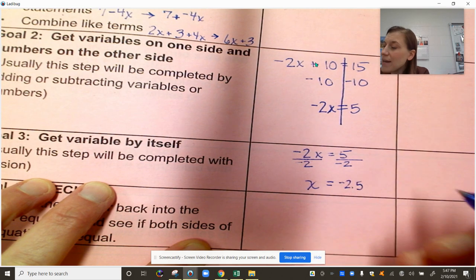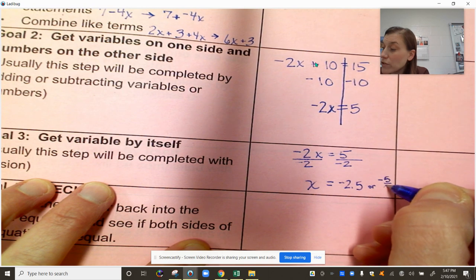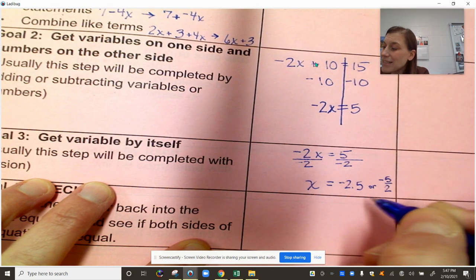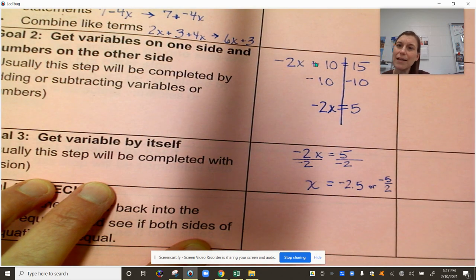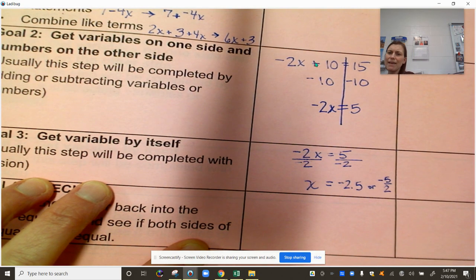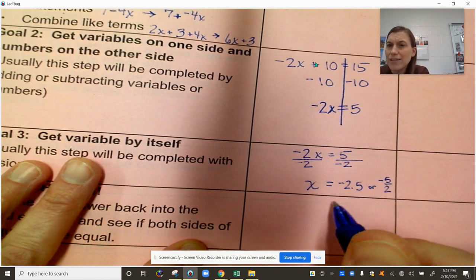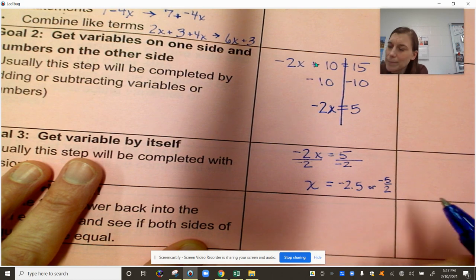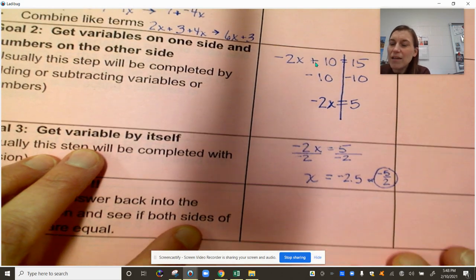But I want you to know that it's also okay just to have negative 5/2, because decimals are okay as long as they're terminating. If we ever get a decimal that repeats, then we want to change it back to a fraction, because we don't want repeating decimals as our answer. Terminating decimals are okay. I like this solution better, so that's the one I'm going to use.